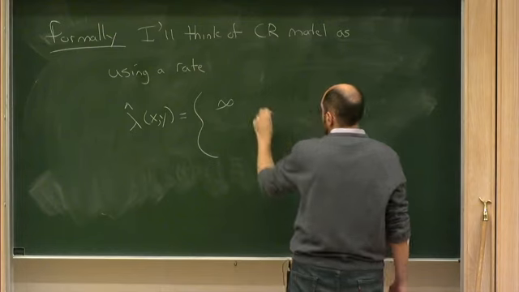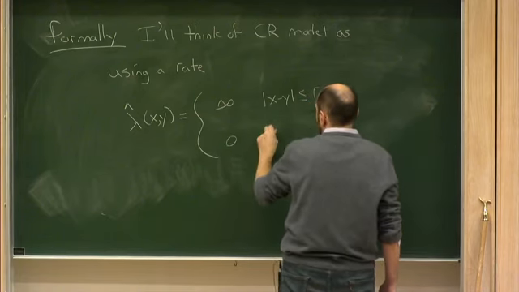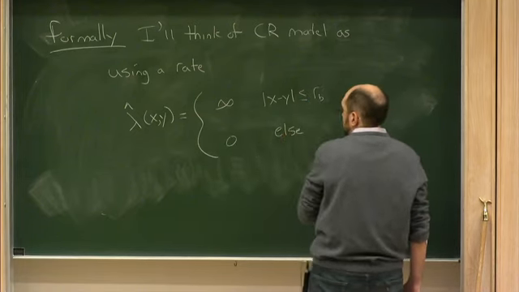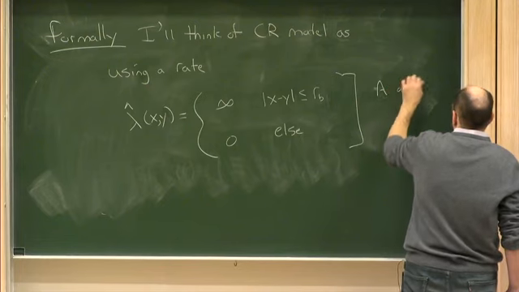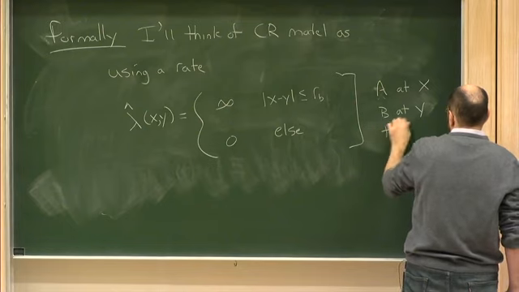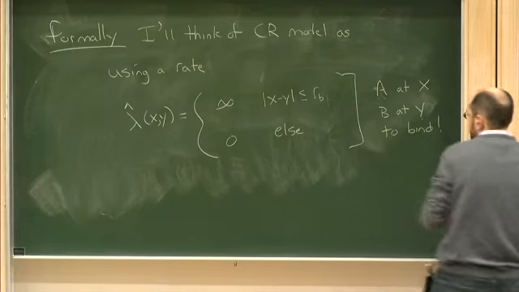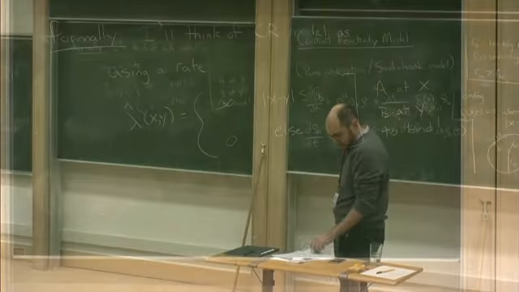This is for two particles, if the norm of x minus y is less than or equal to rb, and 0 otherwise. This is for an A at x and a B at y to bind. So we can think of it formally as just a rate there, whereas in the volume reactivity model there'd be some finite parameter lambda when they're within that separation. That's a convenient tool that we'll make use of later on.